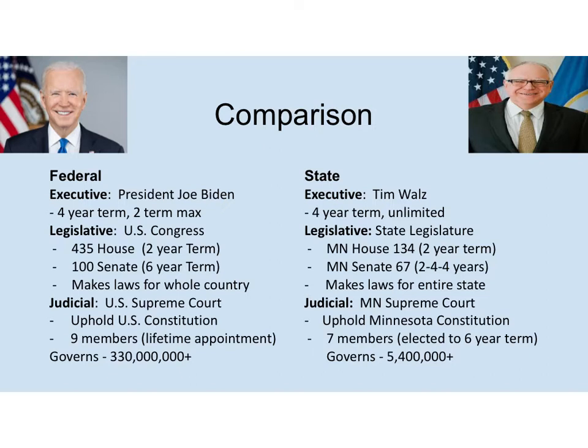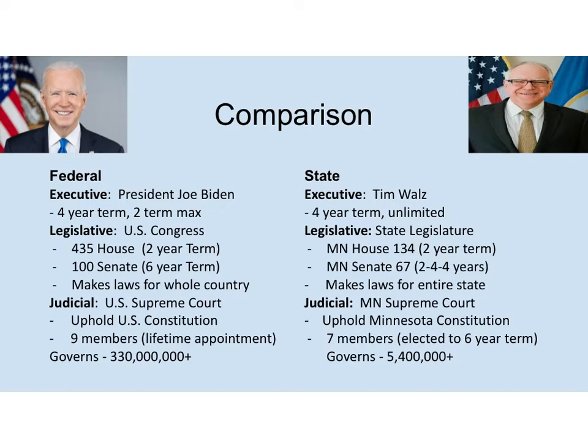The Minnesota State Senate has 67 state senators, and their terms are a little different. To start each decade, those who are elected to the Minnesota State Senate serve 2-year terms. After that 2-year period is up, if they are reelected again, they serve a 4-year term.